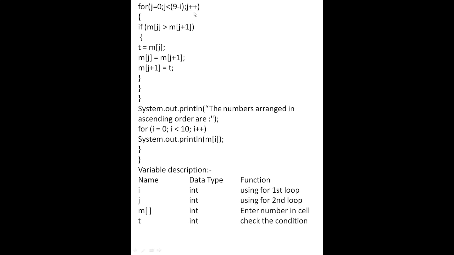It will be searched like this. Now it will write the condition if m[j], the number, is greater than m[j+1], then this will be followed. Then t is equal to m[j] and m[j] is equal to m[j+1].